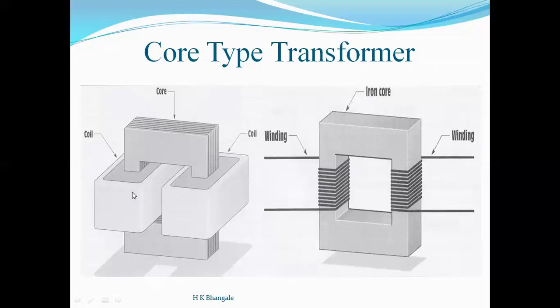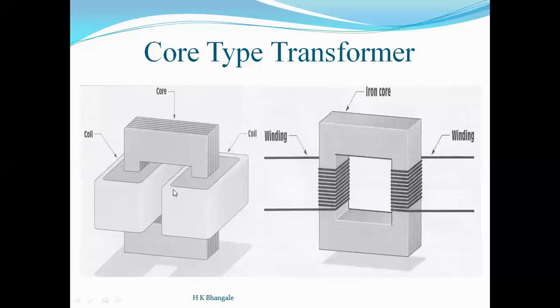The coils used are of cylindrical type, wound in helical layers, with different layers insulated from each other by paper or mica. Either paper or mica is used as the insulator for layer to layer insulation. Both the coils are placed on both the limbs of the core.